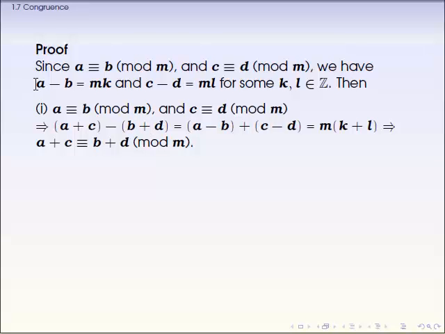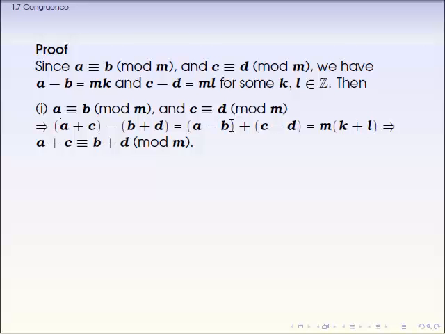But in this condition, because a is congruent to b modulo m, a minus b can be written as m times k. So instead of that, we can say m times k, plus, instead of c minus d, we can plug in m times l. So a minus b plus c minus d equals m times k plus l after factoring out m.